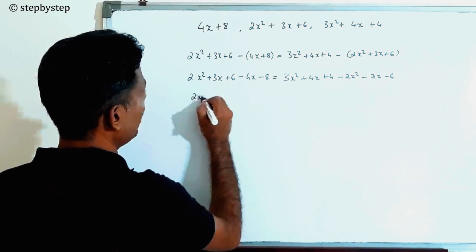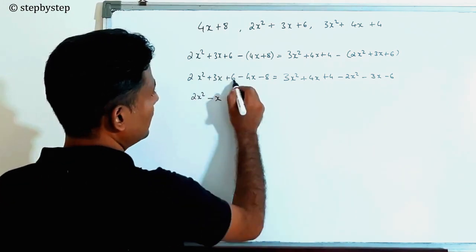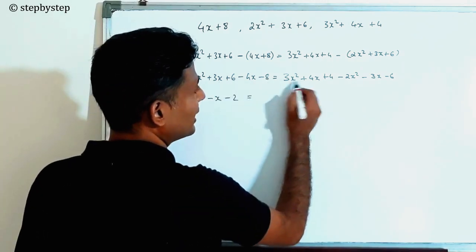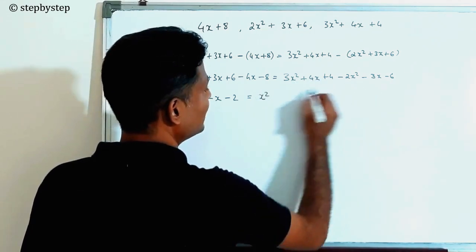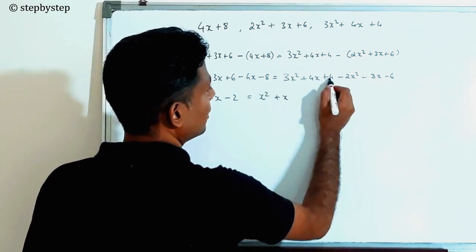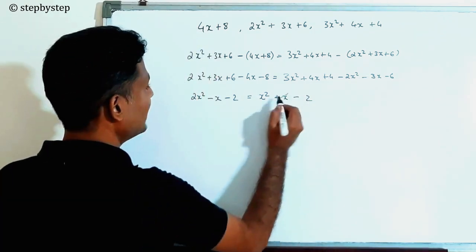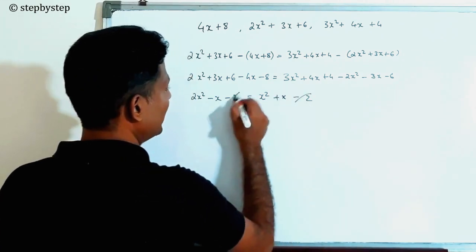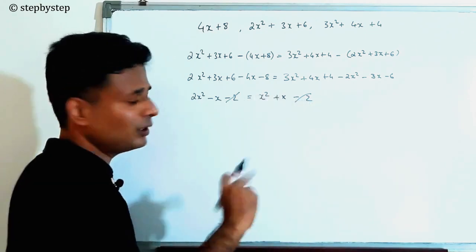Okay, here is just 2x square, 3x minus 4x is minus x, 6 minus 8 is minus 2, which will be equal to 3x square minus 2x square, x square, 4x minus 3x, plus x, 4 minus 6, minus 2. Now plus x, this will be plus x, minus 2 cancels. Why? When I take minus 2 on the other side, it becomes plus 2, minus 2 plus 2 is 0.